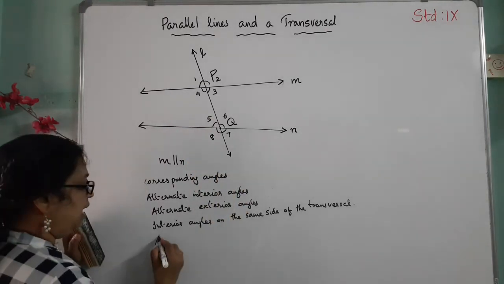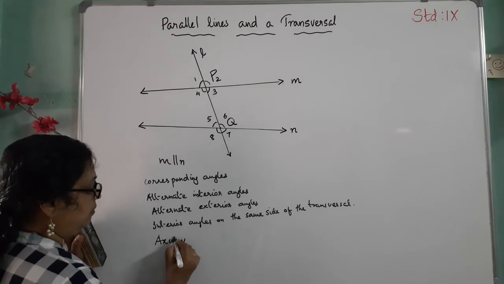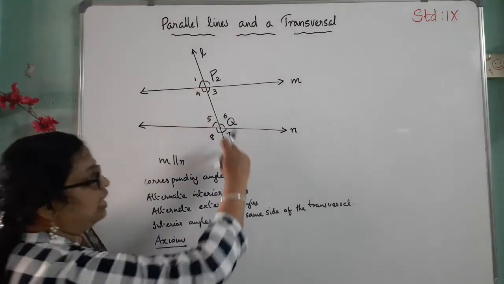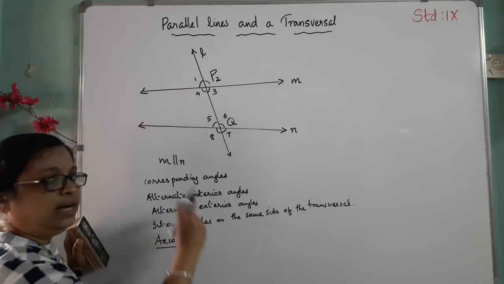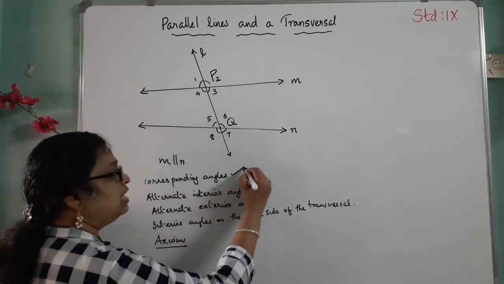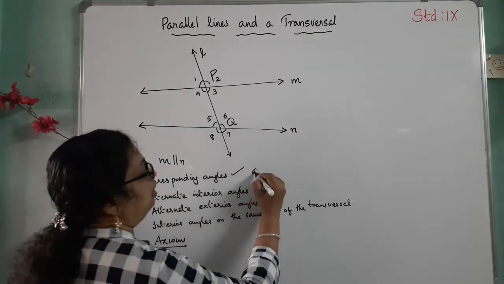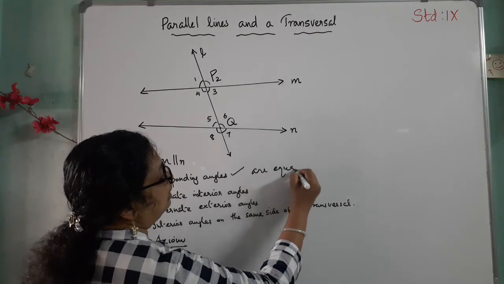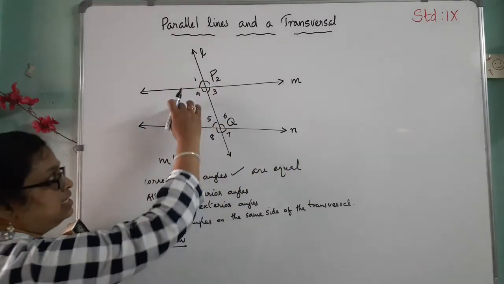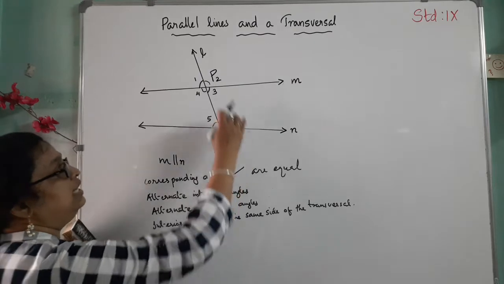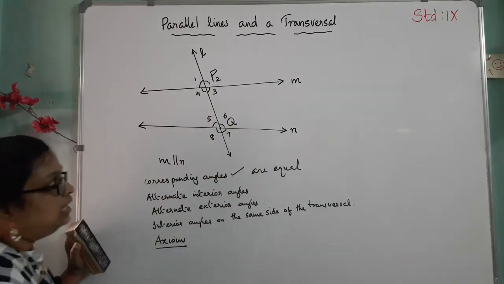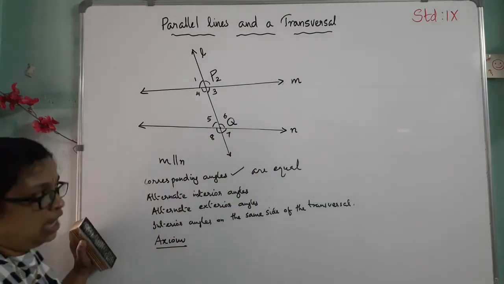Then we can say an axiom. That is, if a transversal intersects two parallel lines, then the corresponding angles formed are equal.